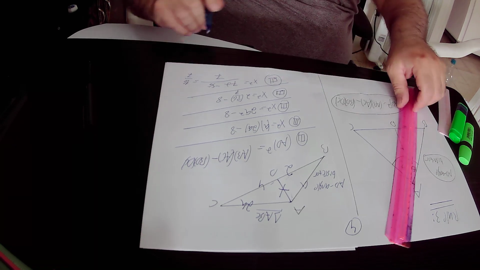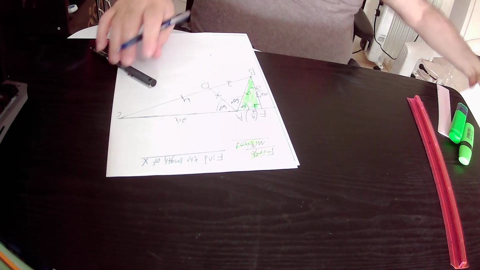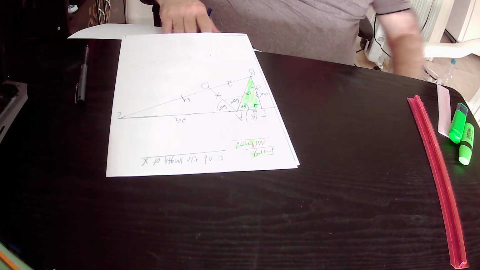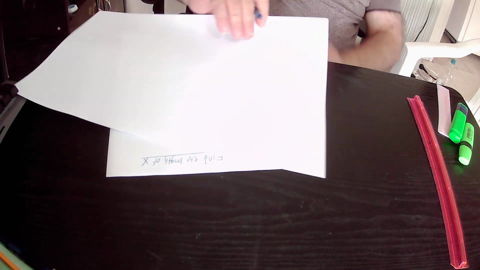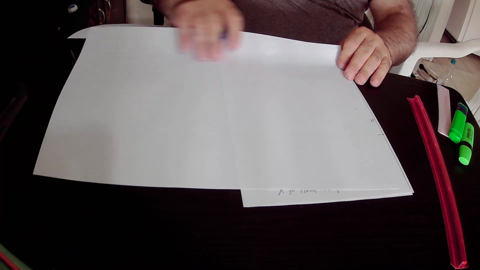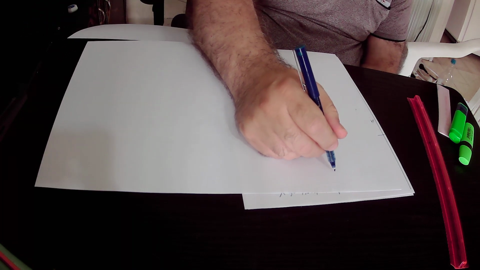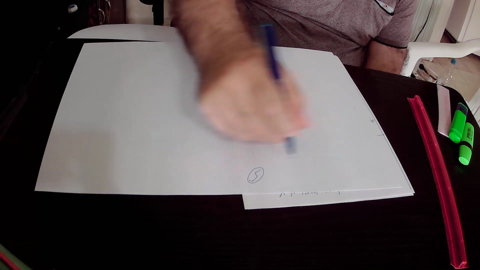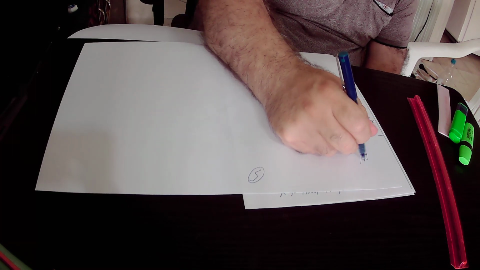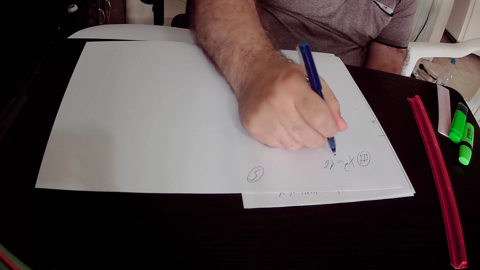So in conclusion, we actually found out that x squared, going to equation number 3, x squared equals 16 over 7.